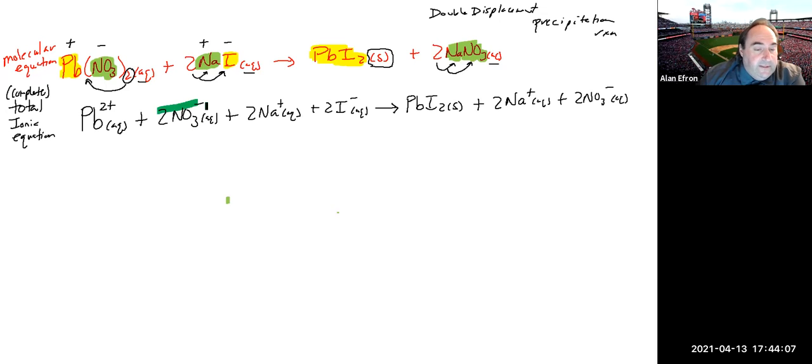So if we look, we see nitrate here, there's 2 of them, and there's 2 nitrates over here. They're exactly the same. We see 2 sodiums over here, and 2 sodiums over here as well. They are exactly the same as well.